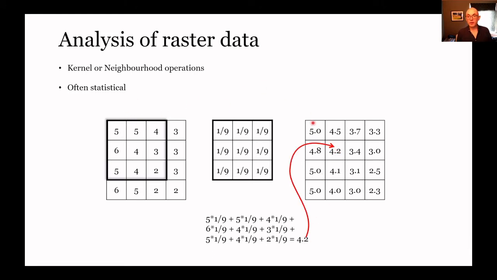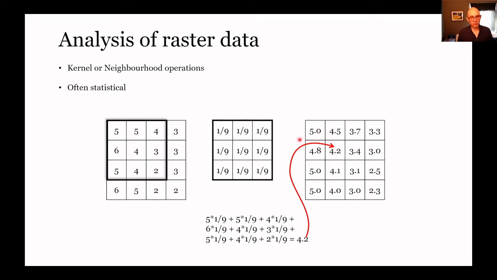So this has been converted into that. So we took the average across for each movement of this kernel. We went from one position to another position, moving all over the raster, and at each step we calculated a new mean, and that new mean is put into the center cell for our new raster.